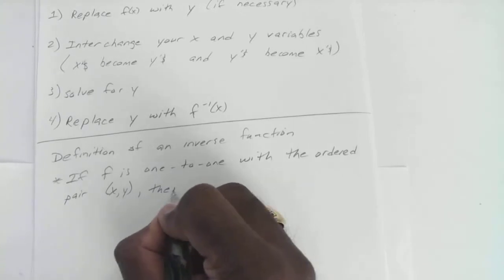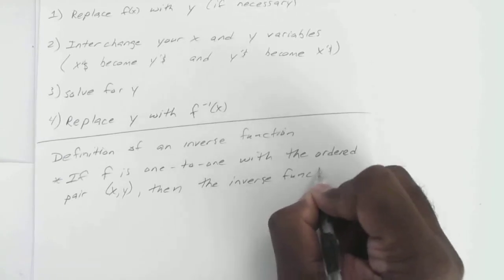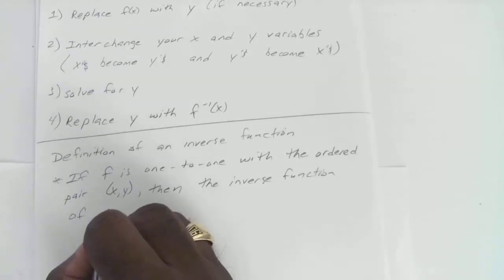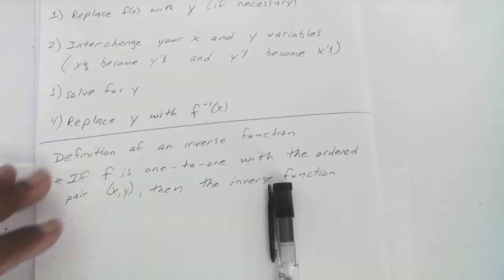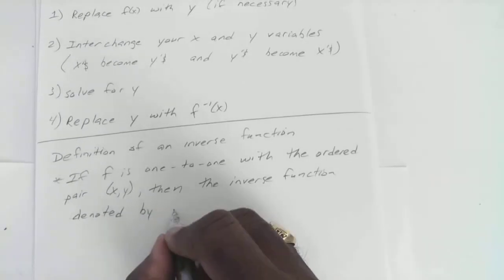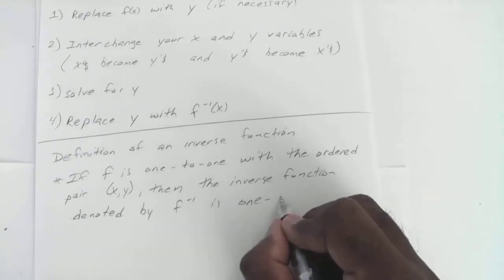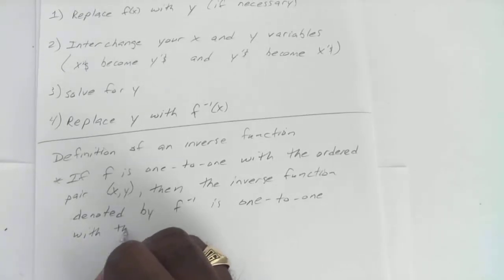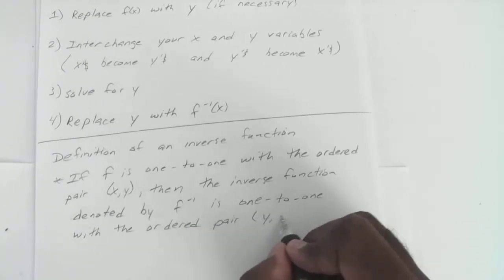Then the inverse function, denoted by f inverse, is 1 to 1 with the ordered pair yx.